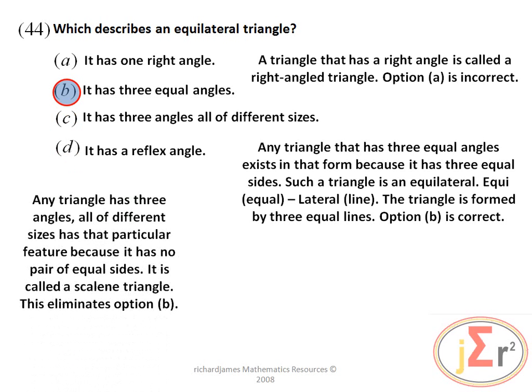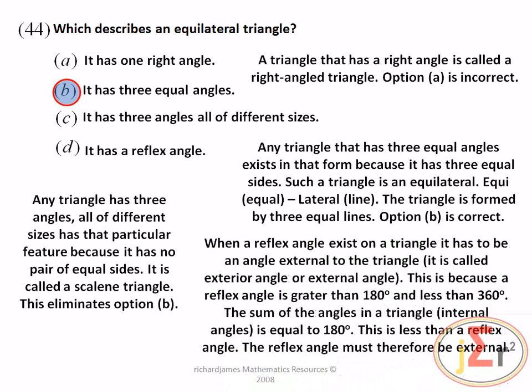Any triangle that has 3 angles, all of different sizes, has that particular feature because it has no pair of equal sides. It is called a scalene triangle. This eliminates option B. When a reflex angle exists on a triangle, it has to be an angle external to the triangle. It is called an exterior angle or external angle.